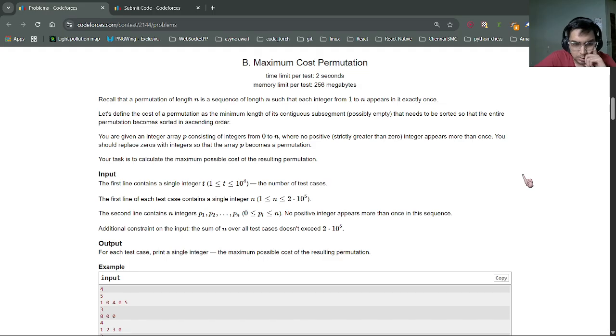We should replace variables with integers so that the carry can be also increasing. We need to replace zeros with integers and the creations of notation will help us to calculate a math function. Starts with the computation. First is a minimum limit of its continuous subset.